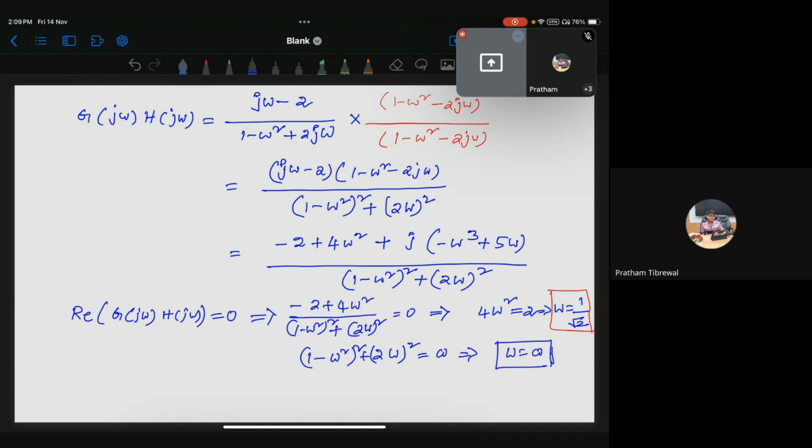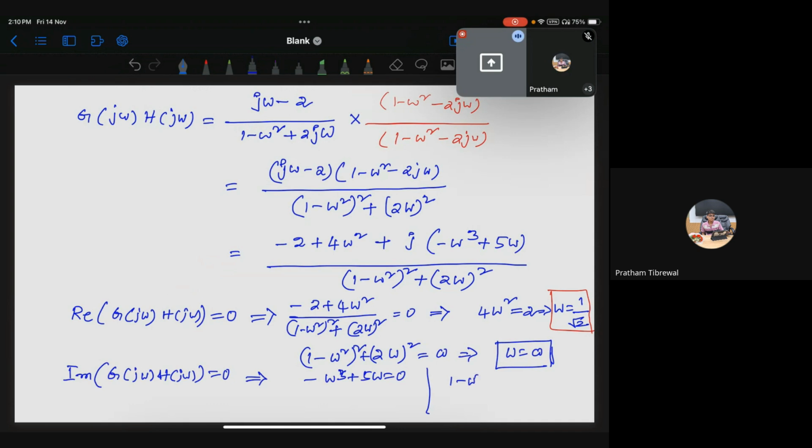Whereas if you see the imaginary part, if you make the imaginary part of G(jω)H(jω) equal to 0, what are the two things here? −ω³ + 5ω = 0, that is the first case.